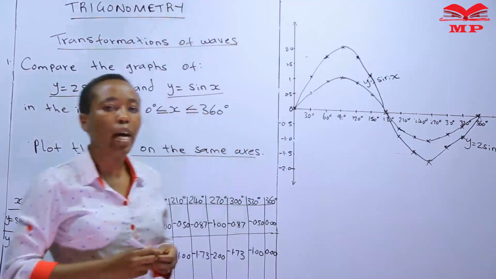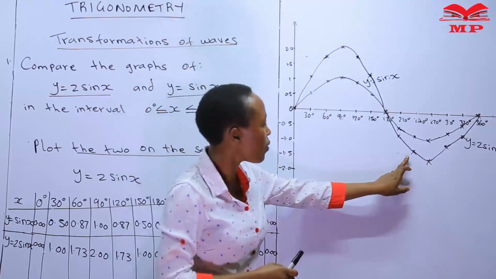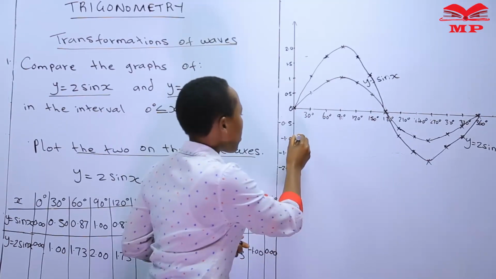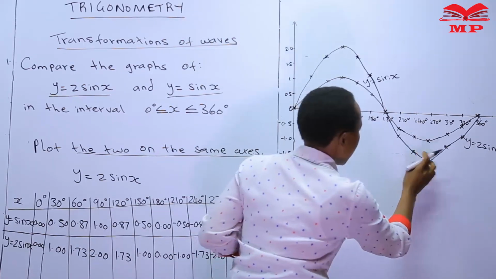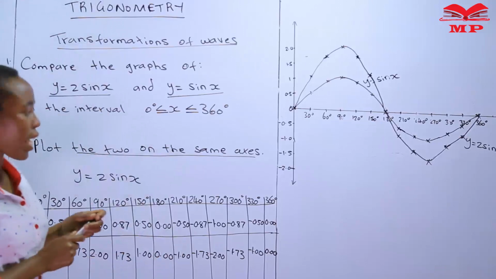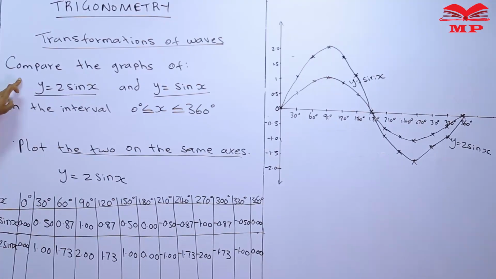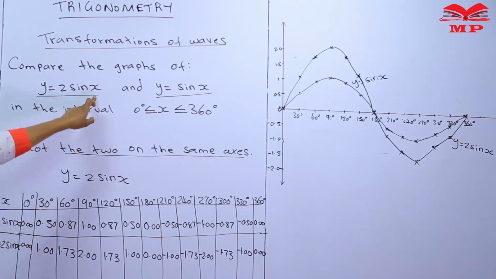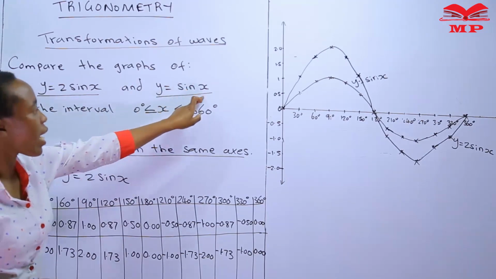In the graph paper, you can plot it very clearly because you have the squares. So this is our other wave, that is y is equal to 2 sine x. We want now to compare the graphs of y is equal to 2 sine x and y is equal to sine x.